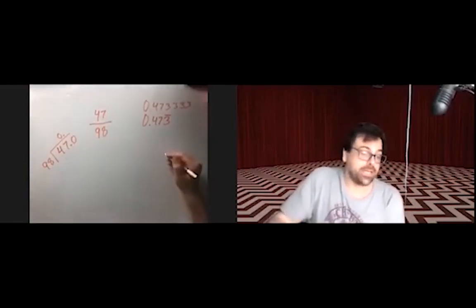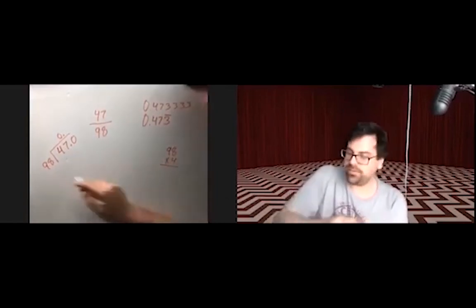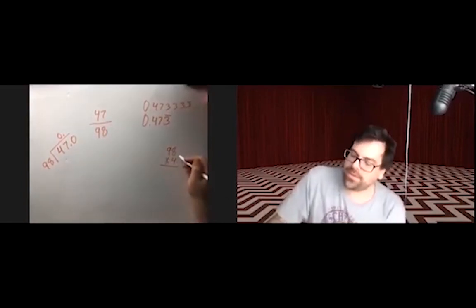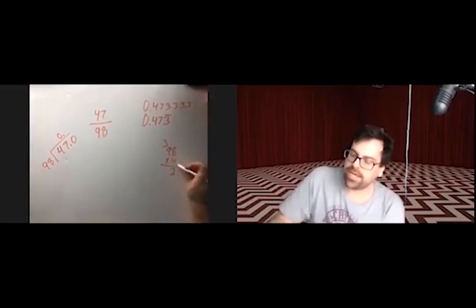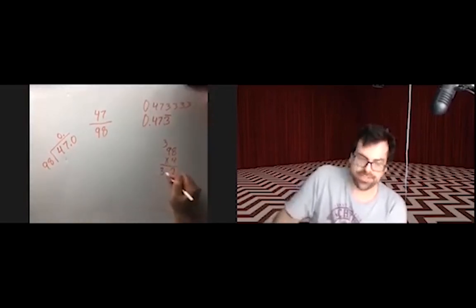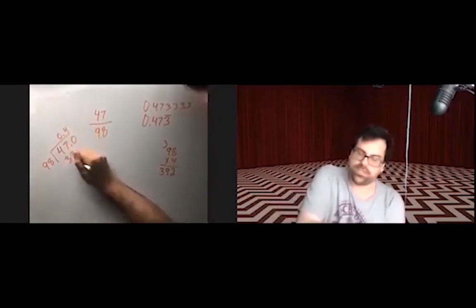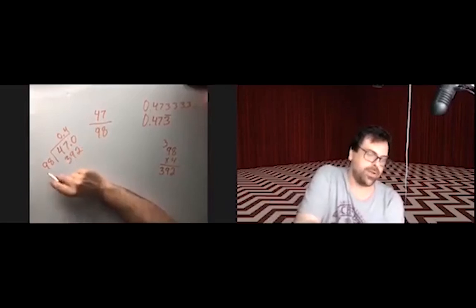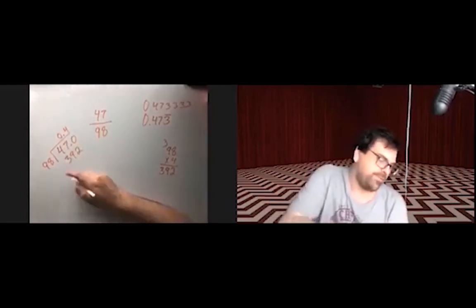I'm going to guess 4 times. 98 times 4. 4 times 8, because it's close to 100, is 32. Carry the 3. 9 times 4 is 36, plus 3 is 39. 4 times is 392. Another one close to 100 is definitely going to push that over 470, so it's not 5.